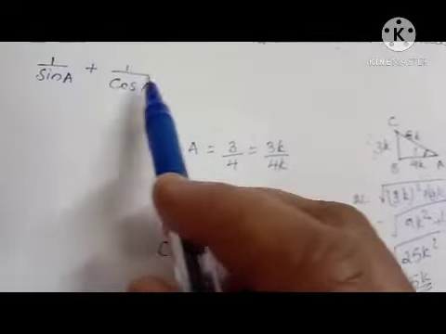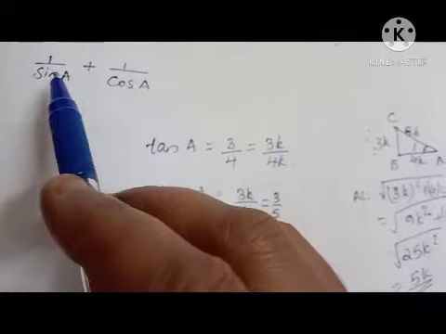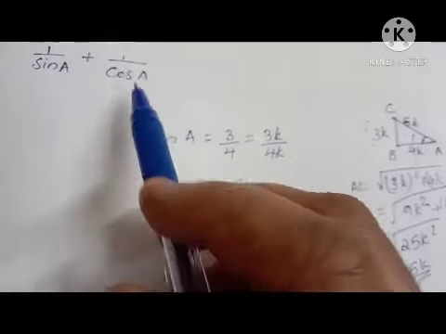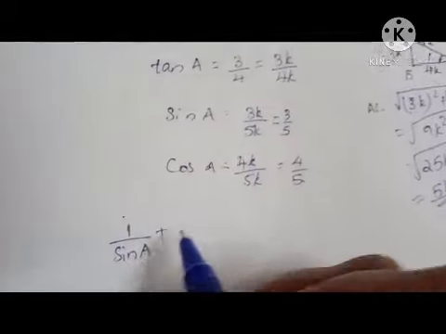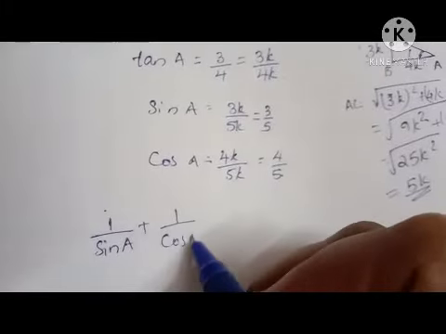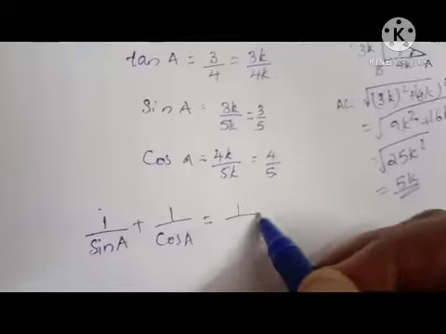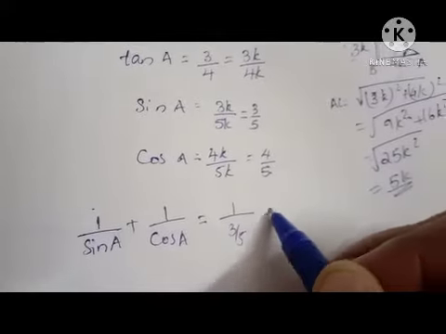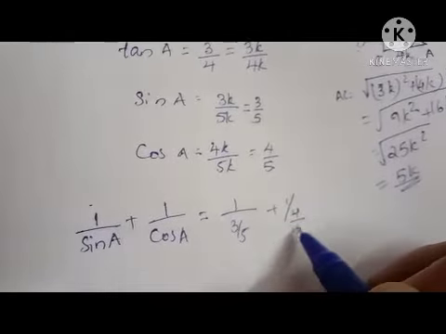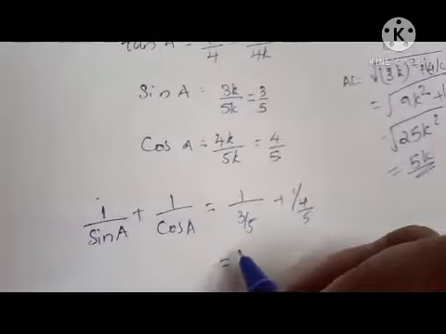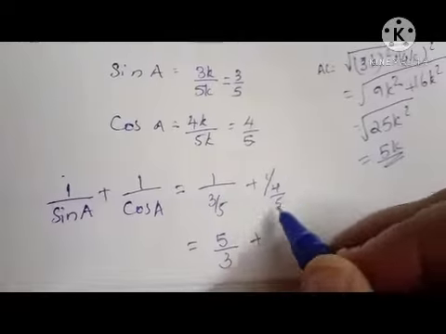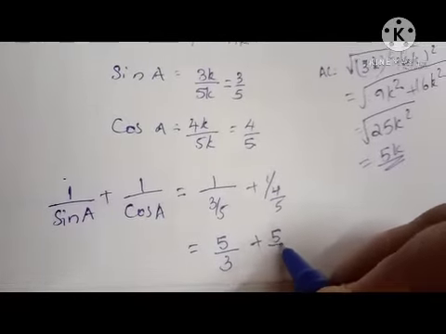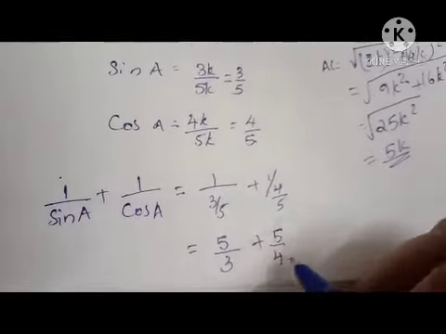Then we have to substitute the values in this statement. That is 1 by sin A plus 1 by cos A equal what? 1 by 3 by 5 plus 1 by 4 by 5. 1 by 3 by 5 means reciprocal of 3 by 5, that is 5 by 3, plus 1 by 4 by 5 means reciprocal of 4 by 5, that is 5 by 4.